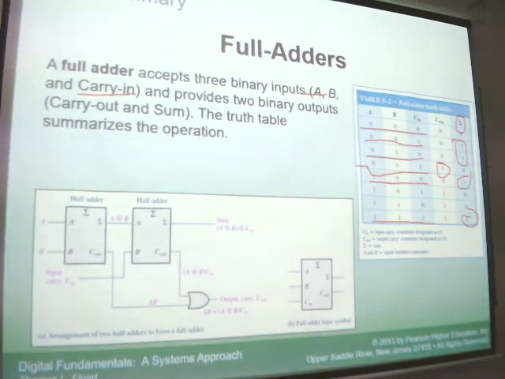So the minimum SOP expression for C out equals, for this group A must be eliminated, so B C, and for this group A C, and this group AB.